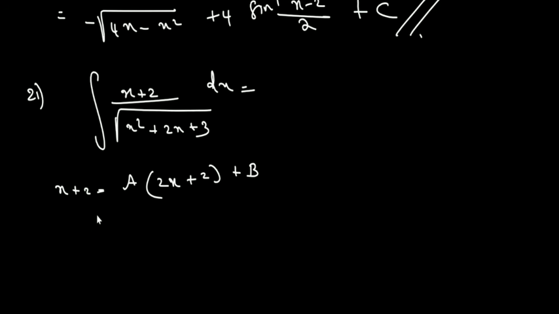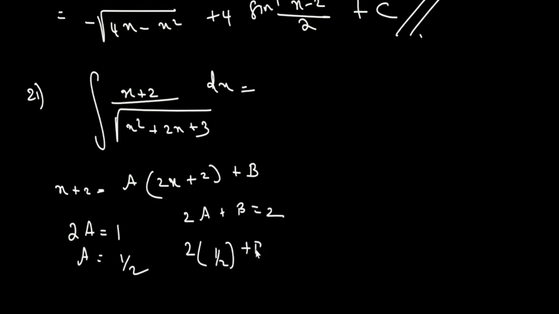Equate the coefficients. So 2a is 1, so a is 1 by 2. Equate the constants. So 2a plus b is 2. So 2 into half, a is half, plus b is 2. So b is 1. So a is half and b is 1.